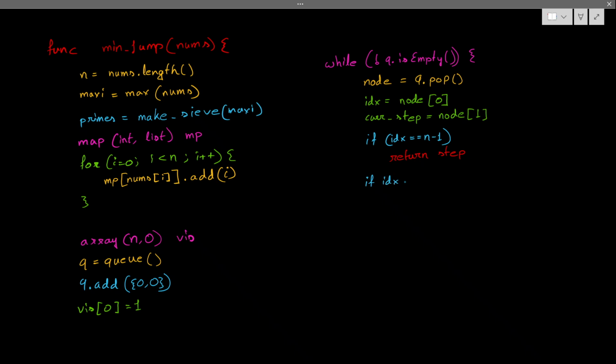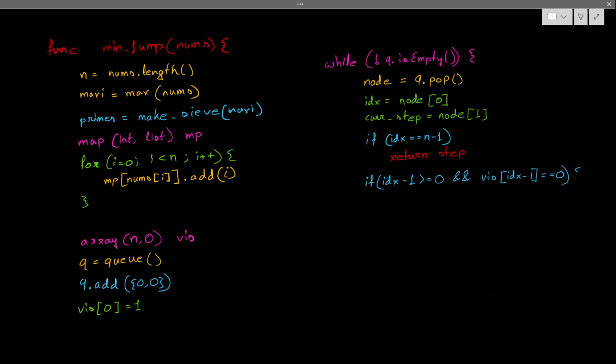So index -1 is greater than or equal to 0, so it is not out of range, and it is not visited. If it is visited, why should I add it? So visited of index -1 equals 0. If it is not visited, then only I will do something.